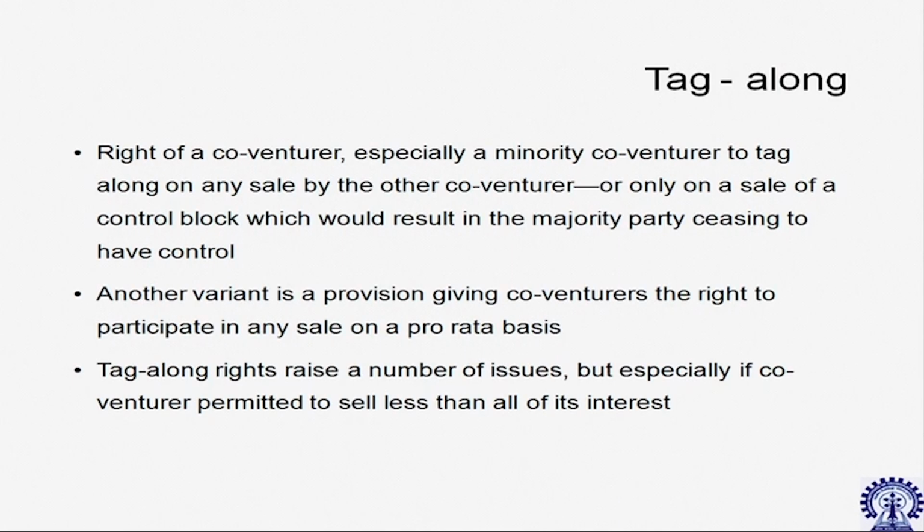And you will find that tag along right raises a number of issues, such as whether the co-venturer is permitted to sell less than all of its interest. These issues may include the different kinds of rights associated with this particular joint venture.